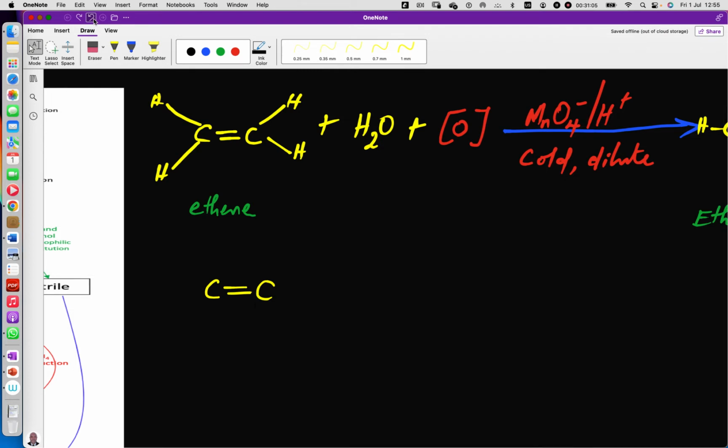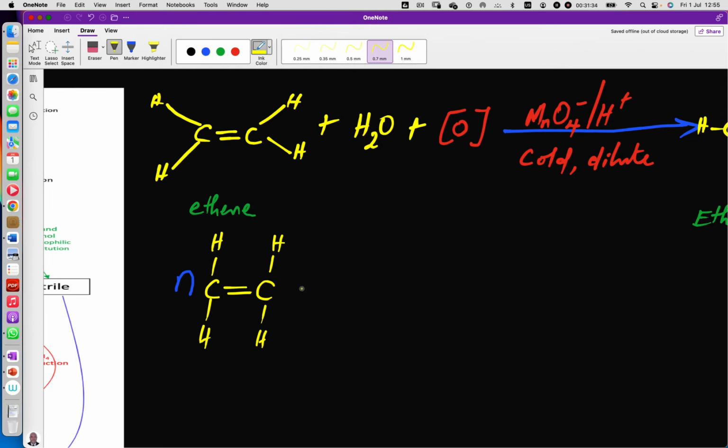Let me say this is the alkene. We have n numbers; we don't know the number of alkenes that are here, so let's say there are n alkenes.